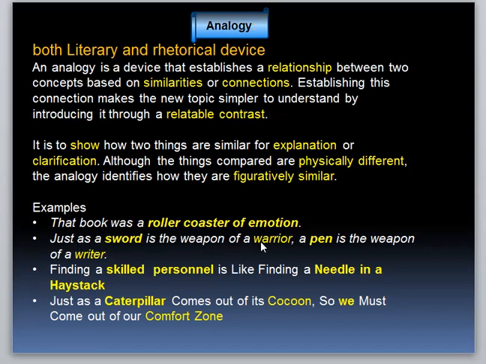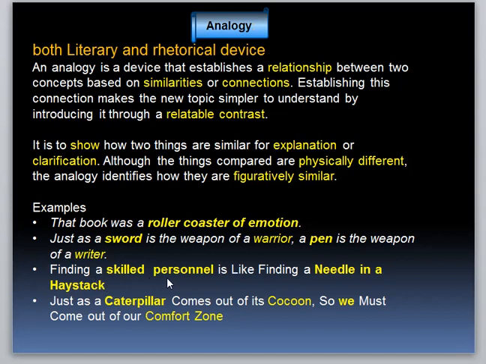Just as a sword is the weapon of a warrior, a pen is the weapon of a writer. So here the weapon is a similarity, okay? But sword is for warrior and pen is for writer. Next is finding skilled personnel, meaning talented people, is like finding a needle in a haystack.